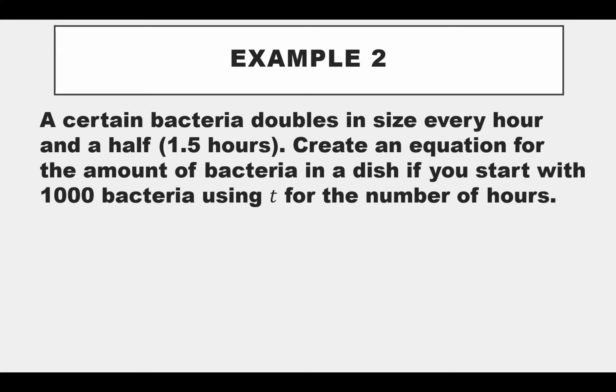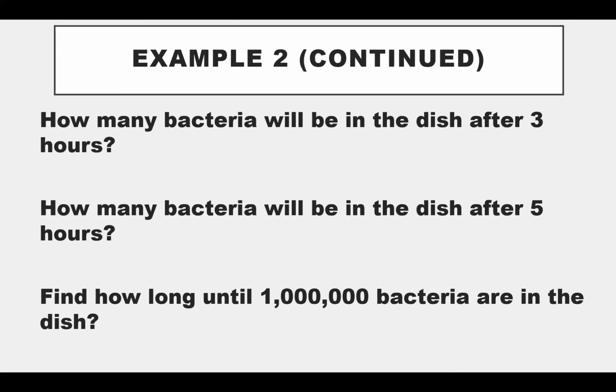Once we create that equation, then we'll answer the following questions. How many bacteria will be in the dish after 3 hours? How many will be in the dish after 5 hours? And how long until we get 1 million bacteria in the dish?